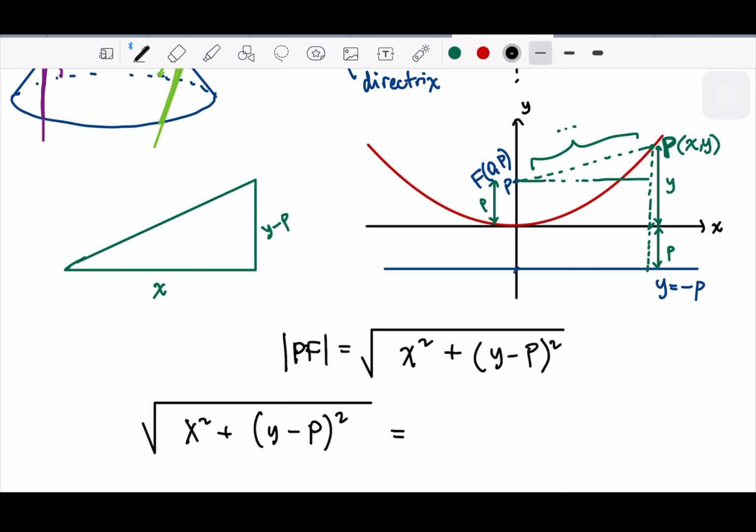Let me write the absolute value here to show that we are concerned with distance, so the positive value.